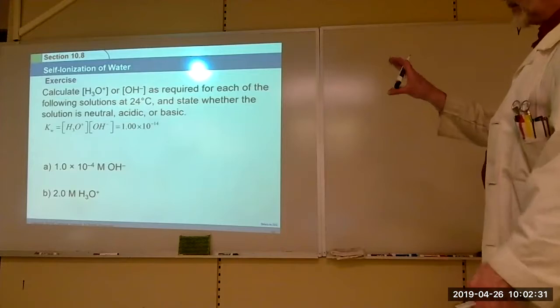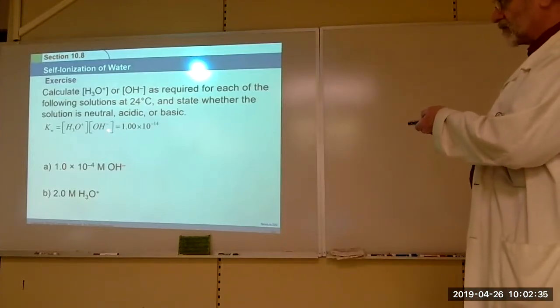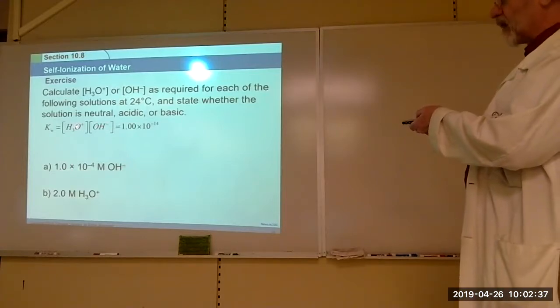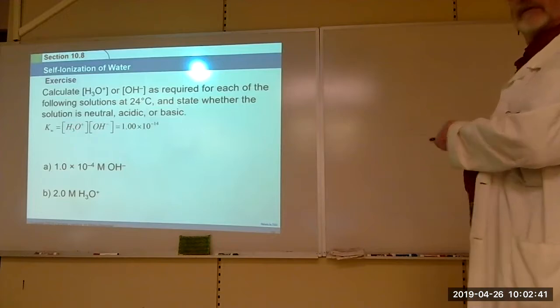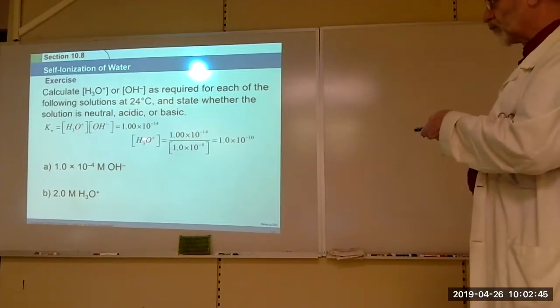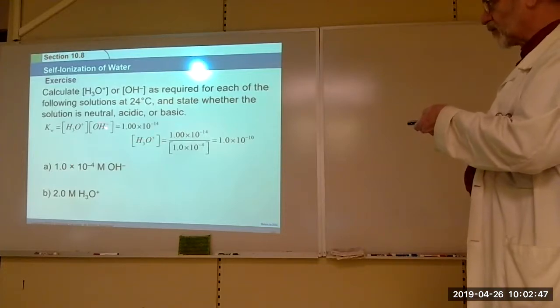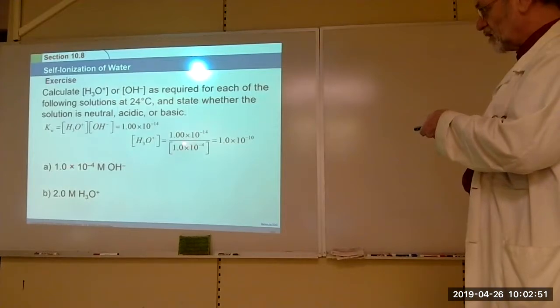So there's our expression. We have this concentration for the base, right? So we can find out what this concentration is. Just plug it in here, solve for the unknown, right? So there we've solved for this one. That means this one comes over here into the denominator.